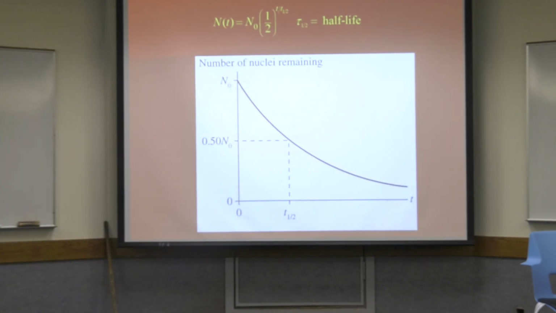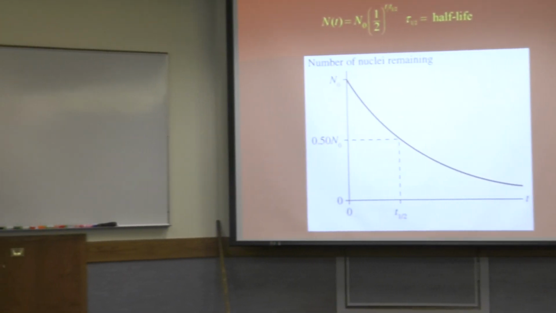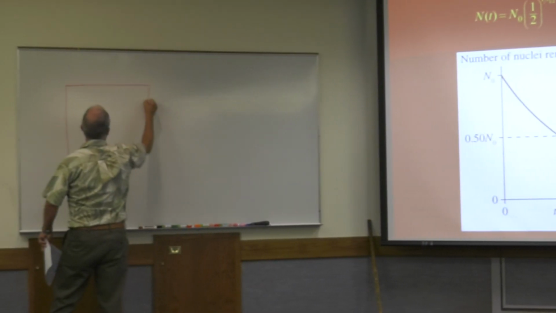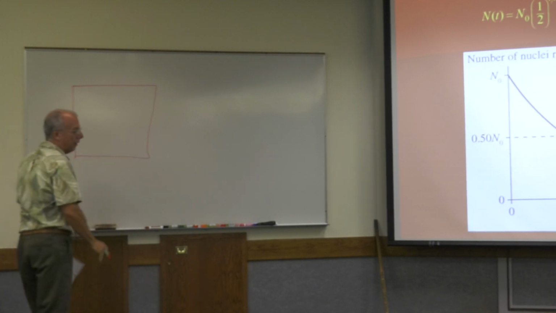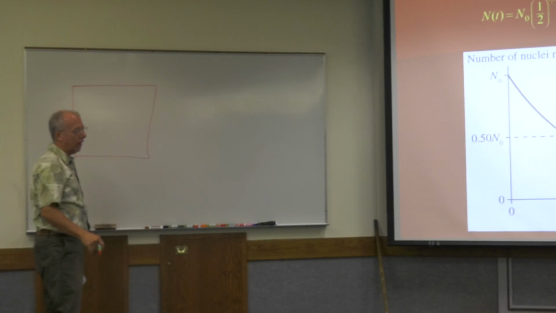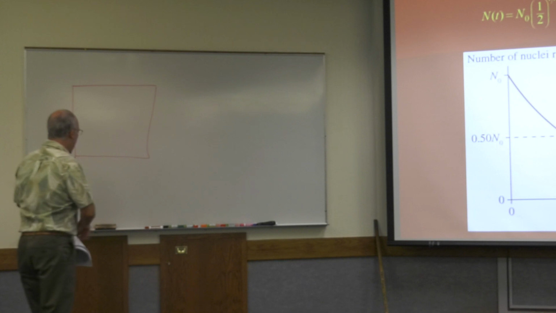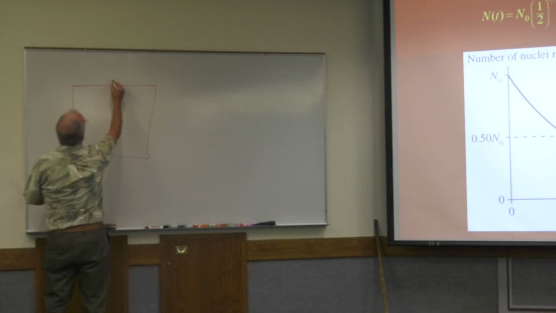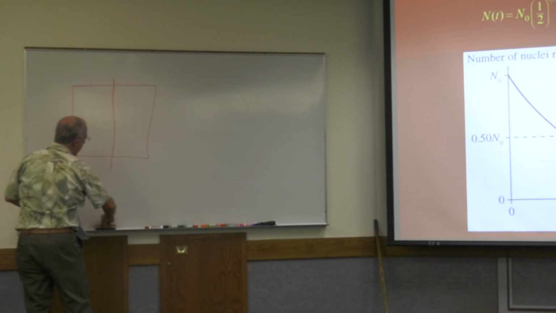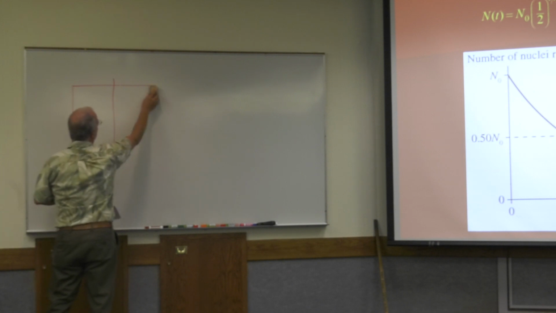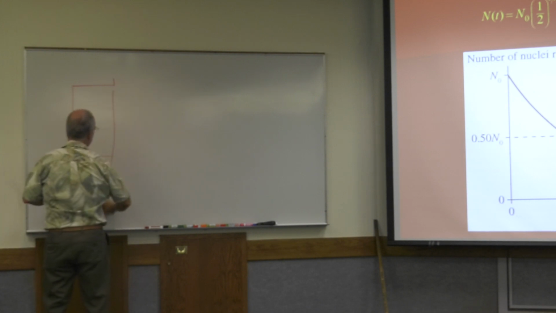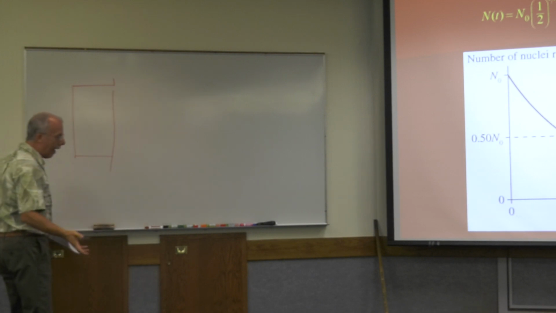Let's say this square, or whatever it is, represents the total number of radioactive nuclei initially. So after 1/2, half will be gone. They'll decay. So that's after 1 half-life.